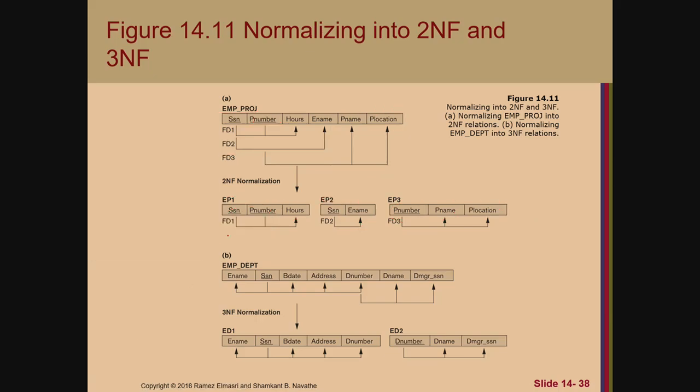For second normal form, we check how many members are in the key, and the non-prime attributes have to depend on all members. So if we check here, just the first one, the second one and the third one do not satisfy the second normal form. Okay.